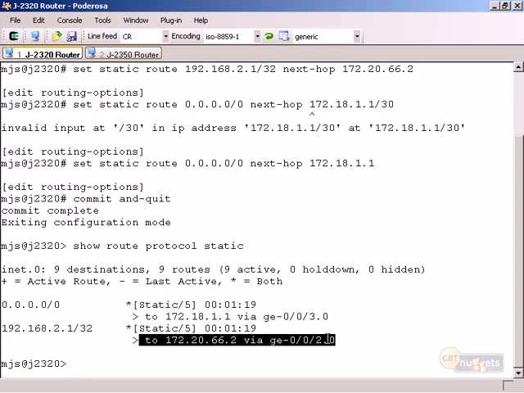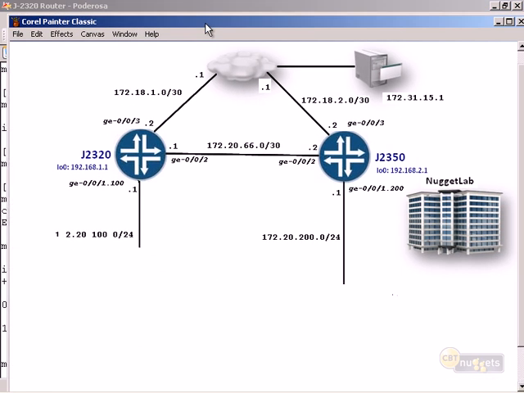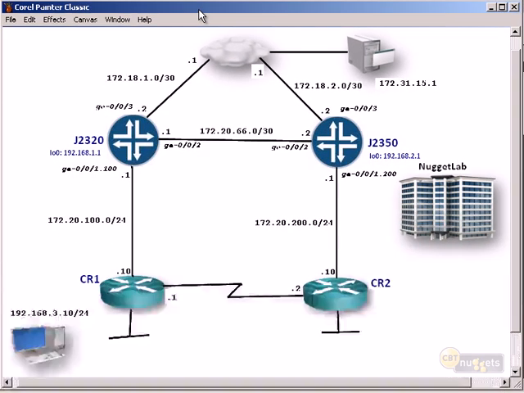Now here's the deal. I can't give away test questions, but let me tell you something. For the exam, I really want you to know that to create reachability between these two Juniper routers, I want to create a static route to the loopback address on 2350 with destination of this .2 address and configure that on this 2320.